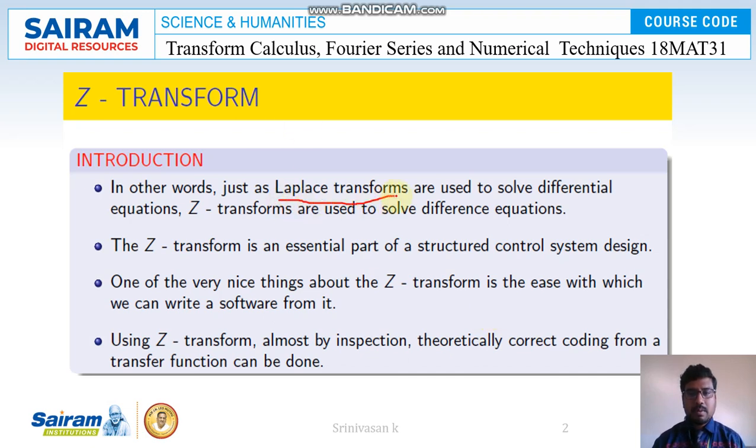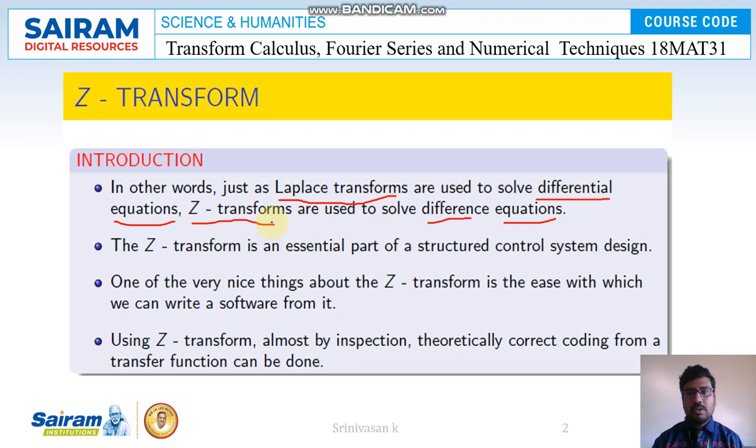The application of the Laplace transform is to solve differential equations, and the application of the Z transform is to solve difference equations. Some kinds of difference equations we can't solve by the normal method; that type of difference equation we can solve very easily by using Z transform. So that is the main application of Z transform.